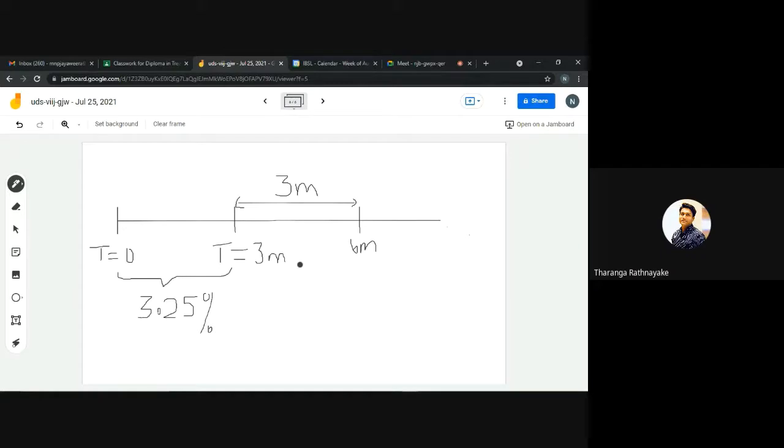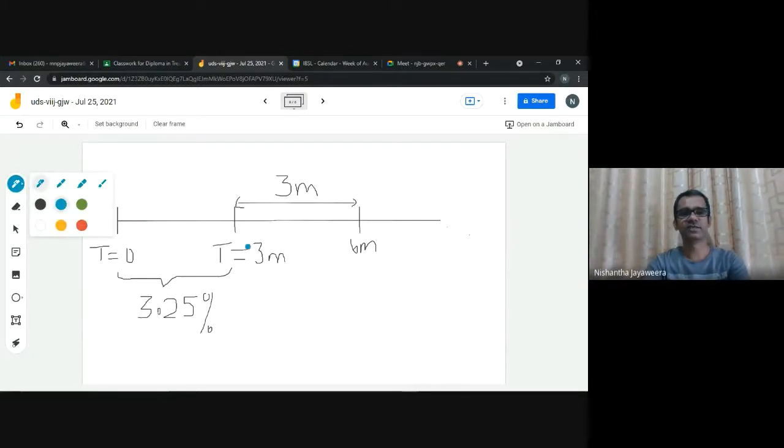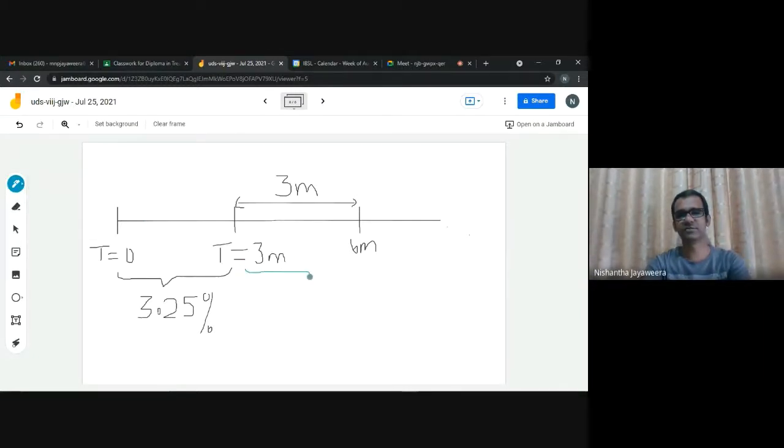It depends on the market situation, sir. Yes. So what I'm asking, what would be the interest rate for this 3 months period? The 3-month interest rate starting 3 months from today.